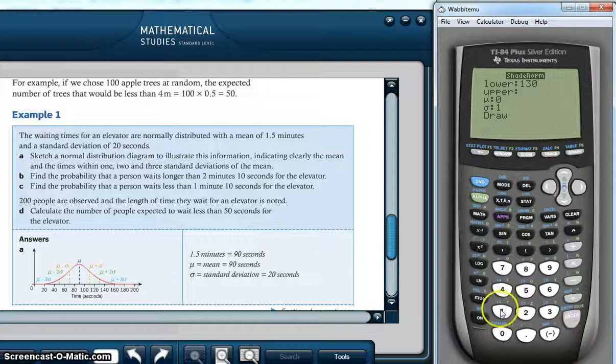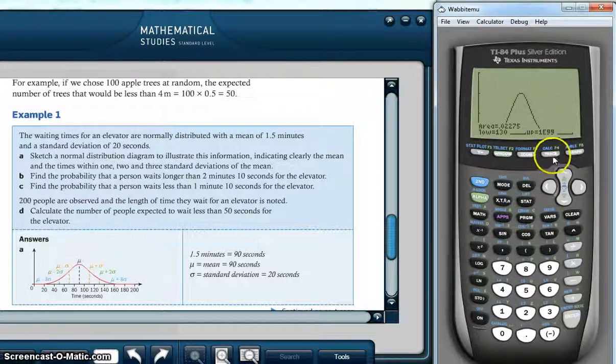My upper bound is 1 times 10 to the power of 99. My mean we said was 90, and my standard deviation is 20. Okay, and you can see right there it shaded it, and then it gave me the area. But you could see that it's shaded over on the side.